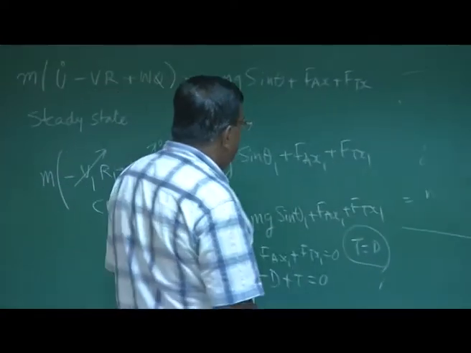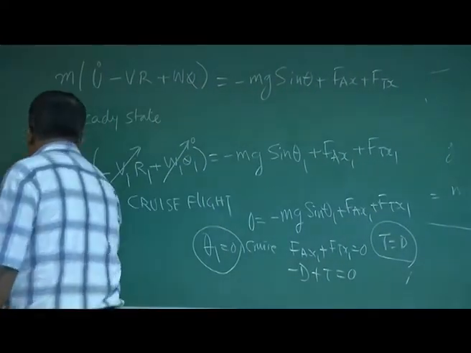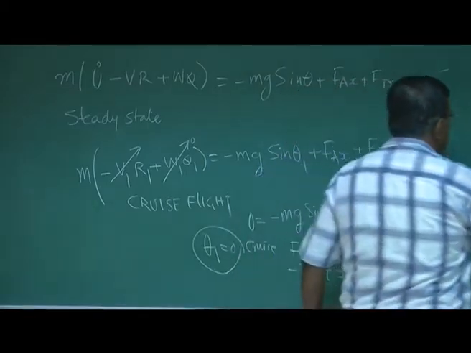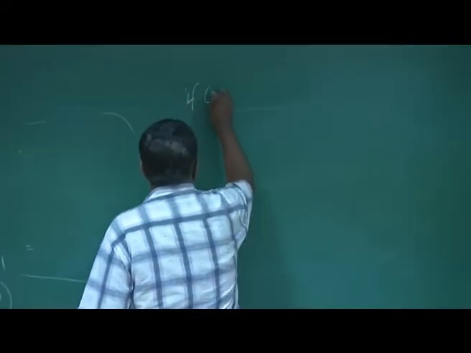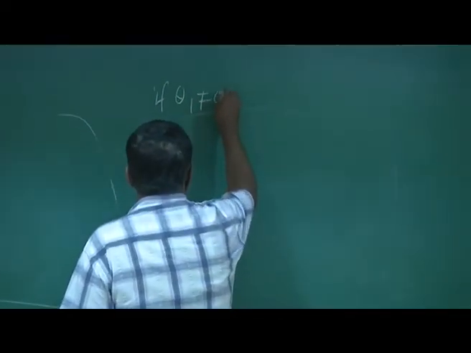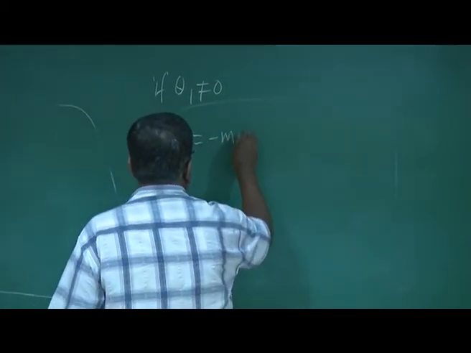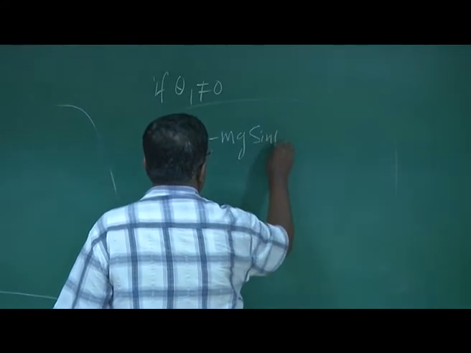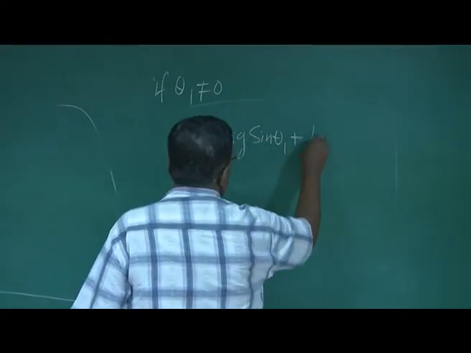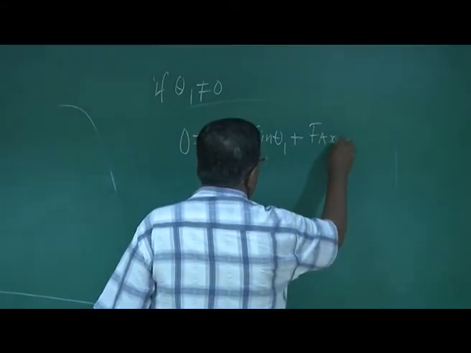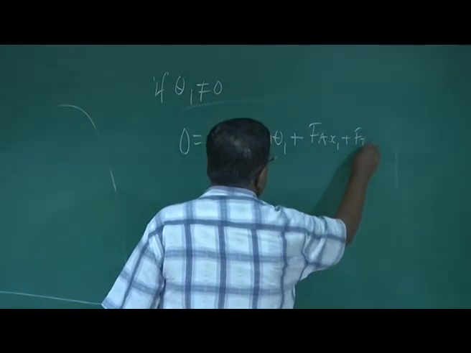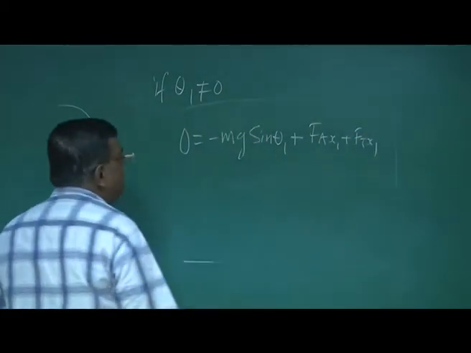Now here, if theta 1 is not 0, what is it that we are getting? Suppose theta 1 is not equal to 0, then what happens here? This is 0 equal to minus mg sine theta 1 plus Fax1 plus Ftx1. Okay?